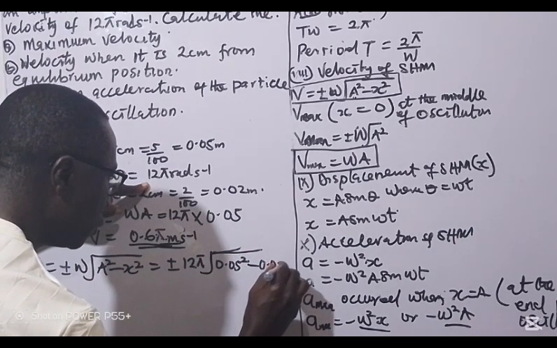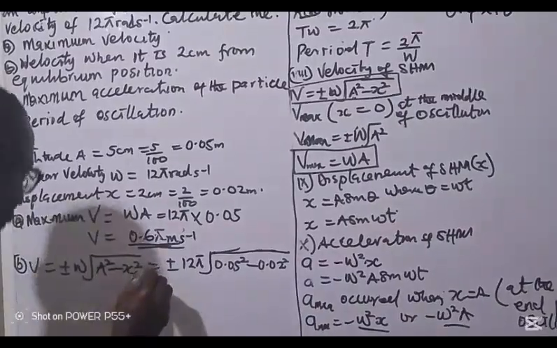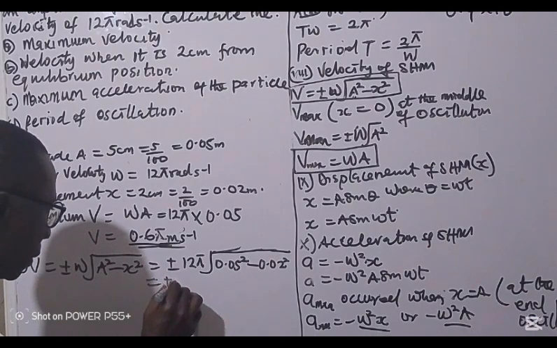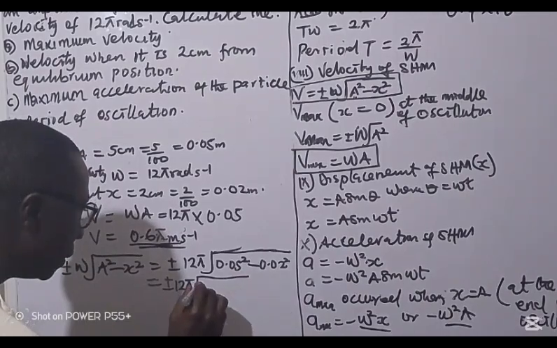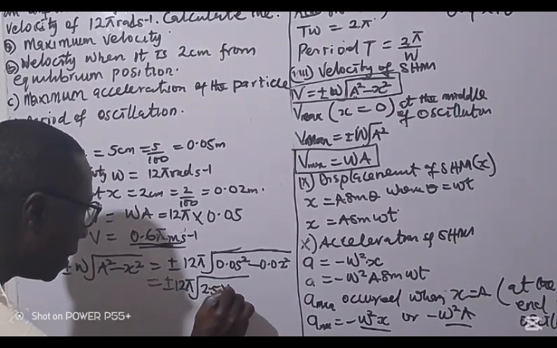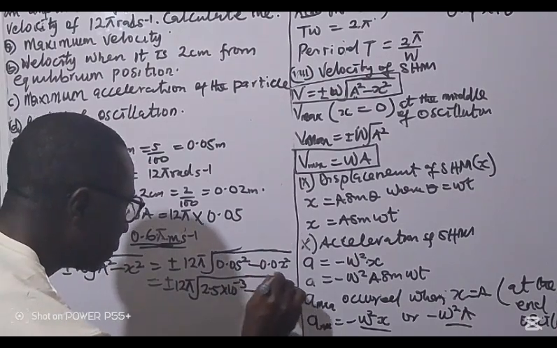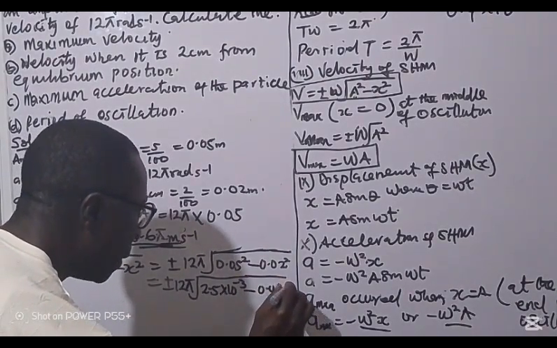Now, this will give us plus or minus 12 pi into square root of 2.5 times 10 raised to power minus 3, minus 0.4 times 10 raised to power minus 3.